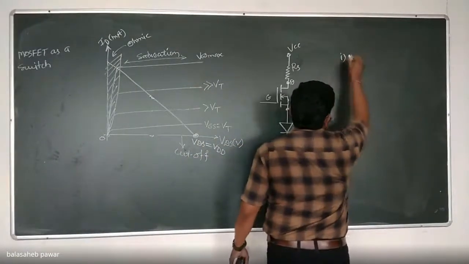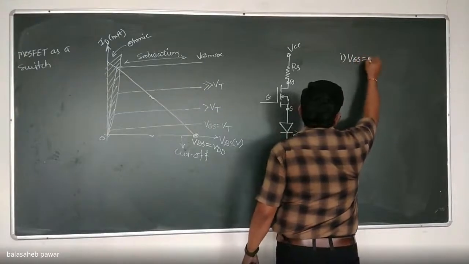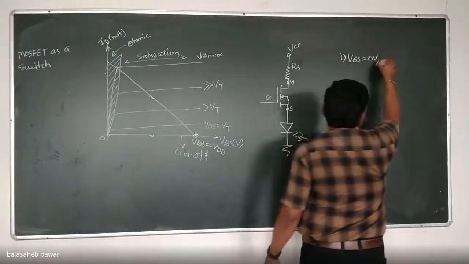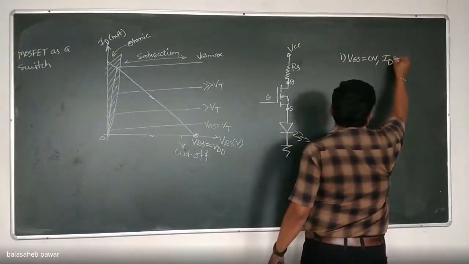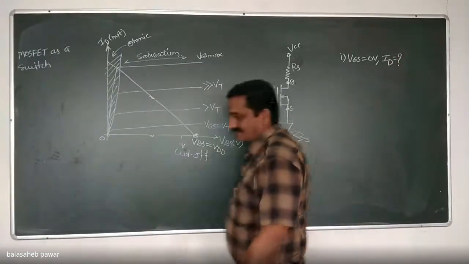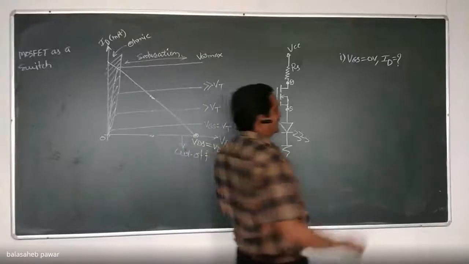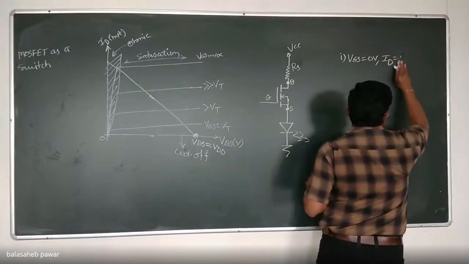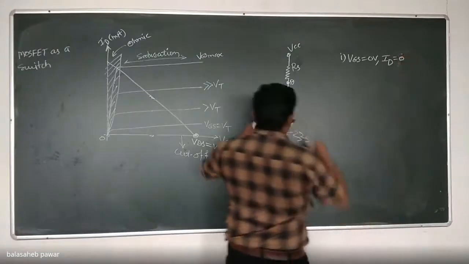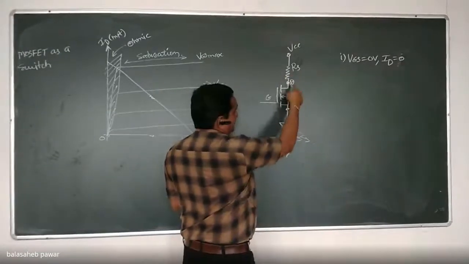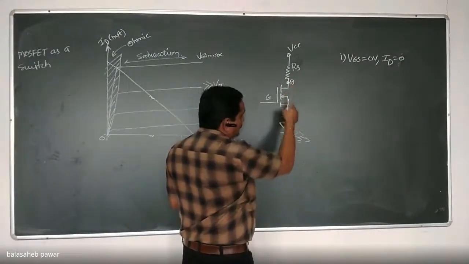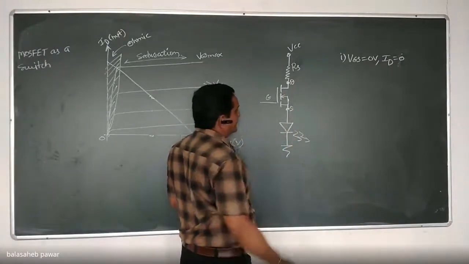My first condition, if VGS is equal to 0 volt, how much will be ID? Zero. It will be 0, correct, because no channel will form, and hence the current flowing through this MOSFET, that is the drain current from drain to source, will be 0, right?